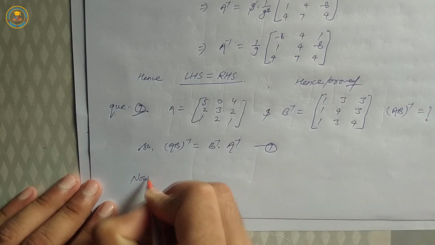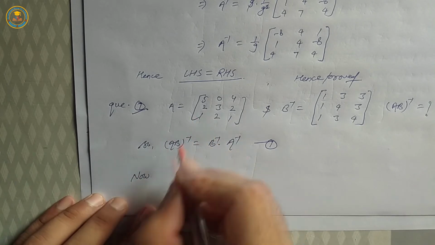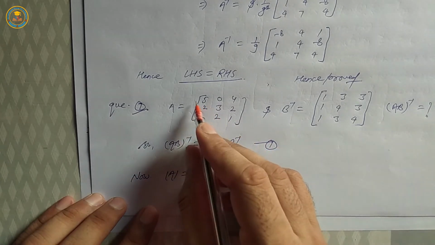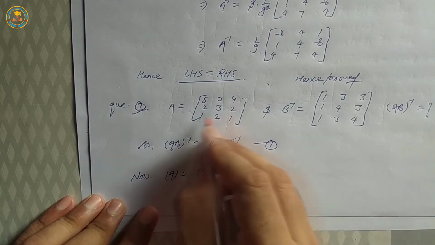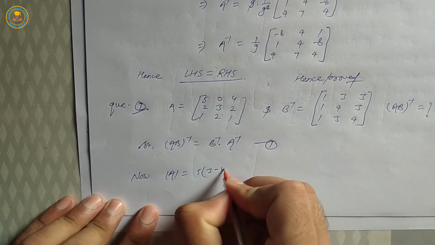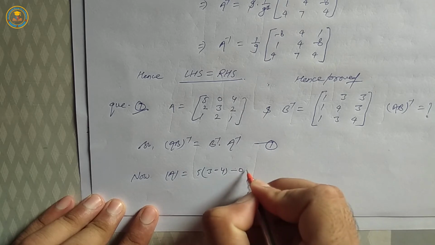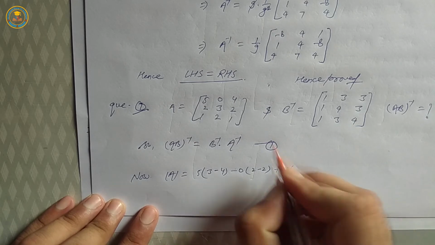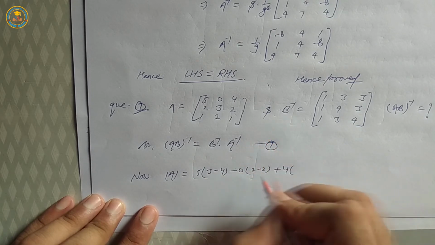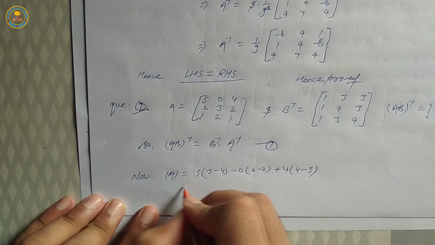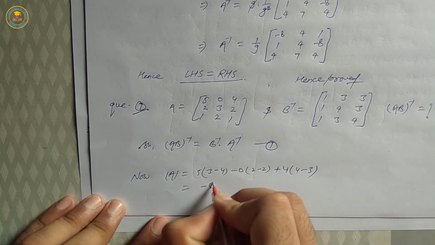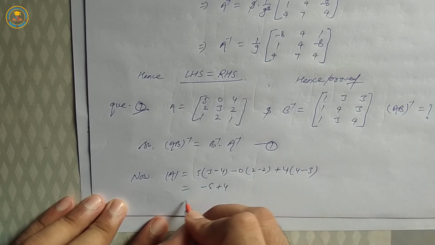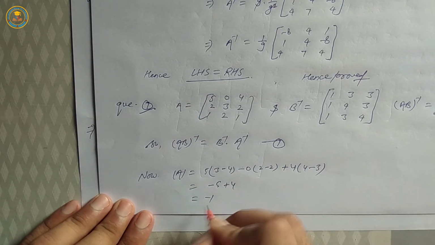Now, determinant A is equal to, on expanding along R1, 5 into 3 minus 4, minus 0 into 2 minus 2, plus 4 into 2 minus 3, is equal to minus 5 plus 4, equal to minus 1.